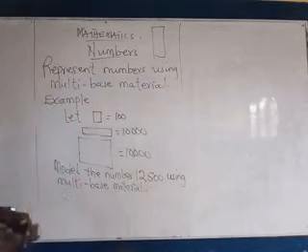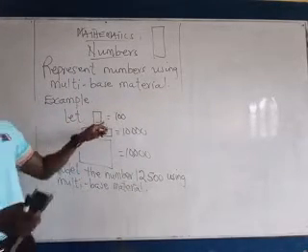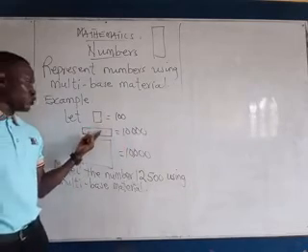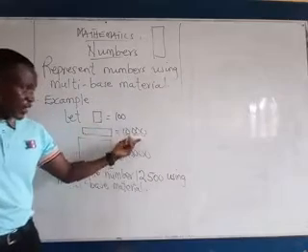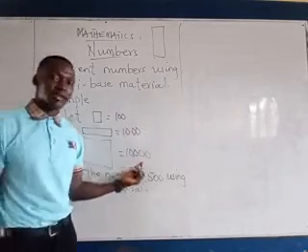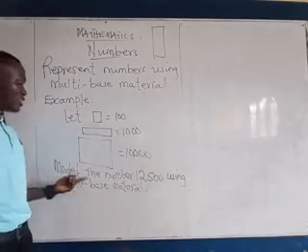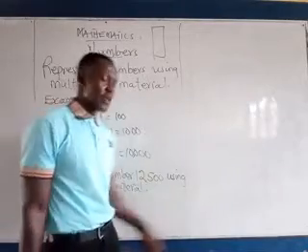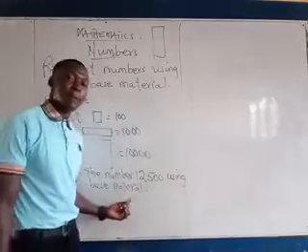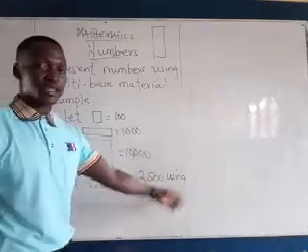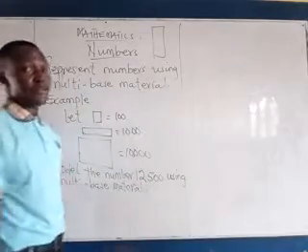Alright, so now we have, let 1 cube be 100, 1 straight edge be 1,000, then flat surface be 10,000. Now the question is, model the number 12,500 using multi-base material.